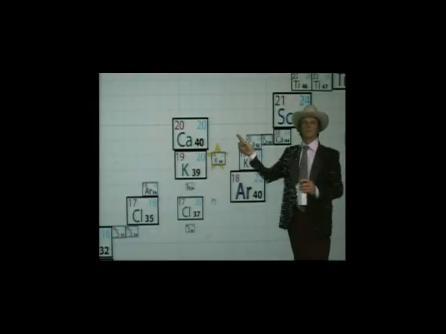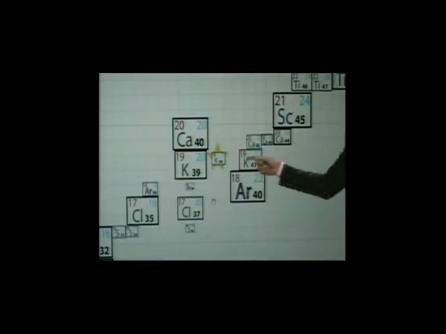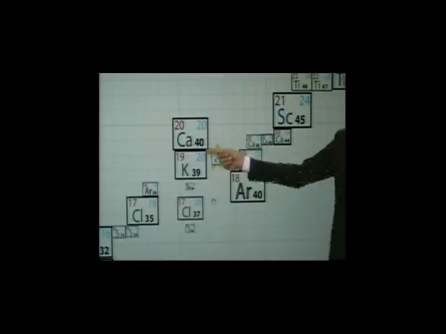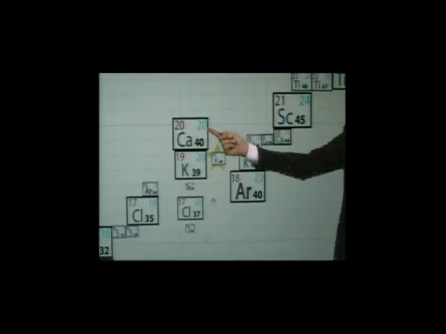22 doesn't exist. When you get down here, though, to calcium with a mass of 46, this has a magic number of 26. So this is doubly magic also. So what you find, the two most abundant isotopes of calcium are the 40 and the 46. 26 neutrons, 20 neutrons.